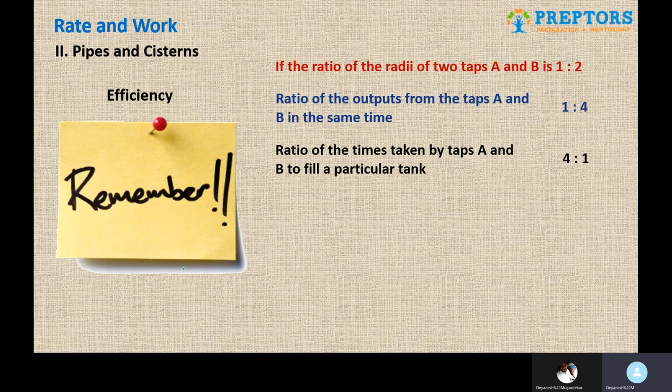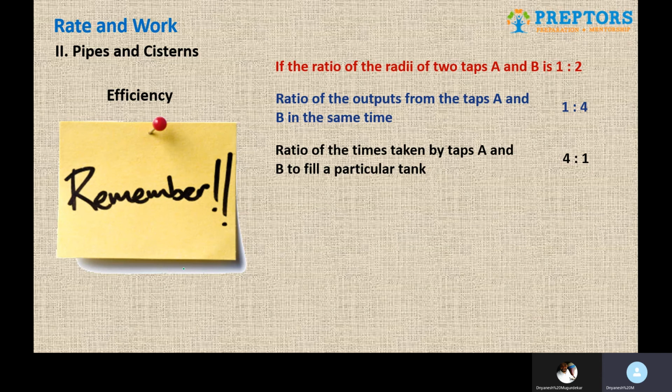So this is the small thing as far as pipes and cisterns is concerned. Another important point as far as question solving is concerned is that pipes and cisterns is very similar to rate and work, and there is an additional concept called a leak pipe or a drain pipe or something of that sort. The leak pipe will empty or drain the tank, and the rest of the taps will try to fill the tank.